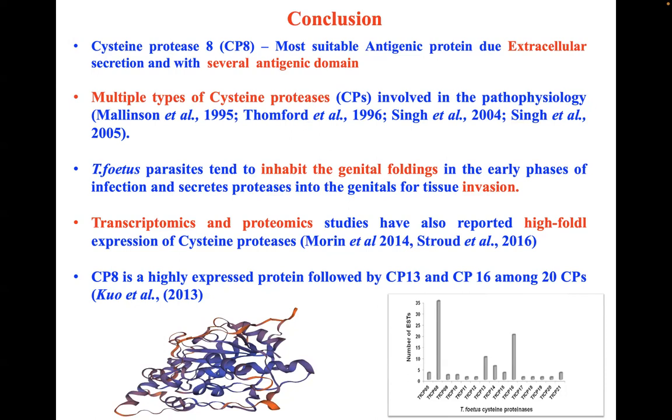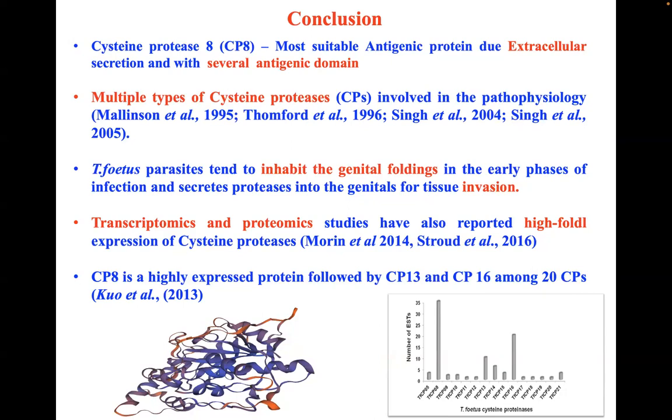And if you study the literature, multiple types of cysteine proteases were described, almost like 22, by several scientists in their papers. And these parasites tend to inhabit the genital foldings in the early stages of infection and secrete proteases, and they get invasion. Got it? And transcriptomics, proteomics studies. So you understand what is transcription, mRNA synthesis.